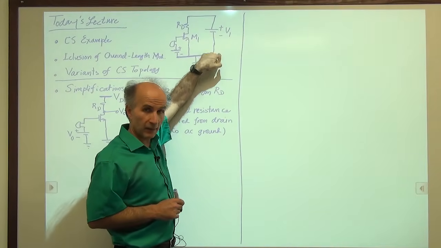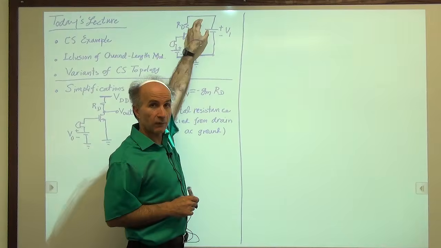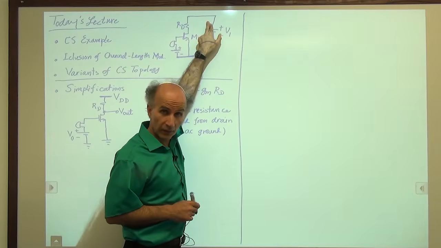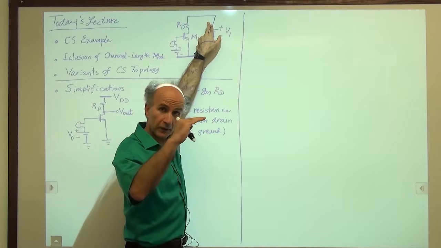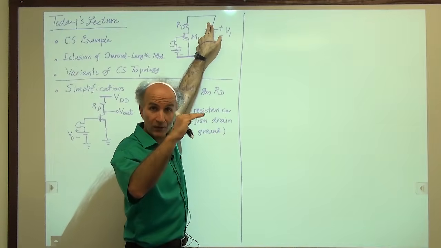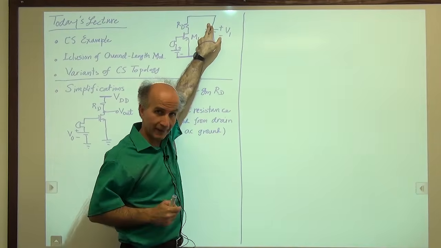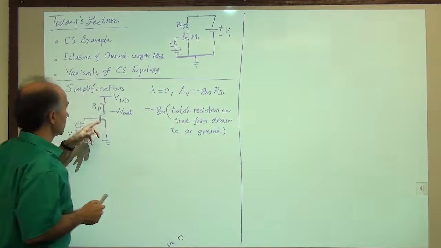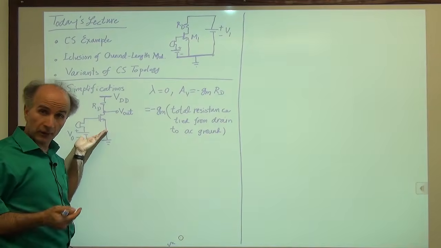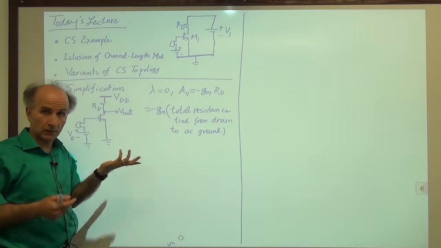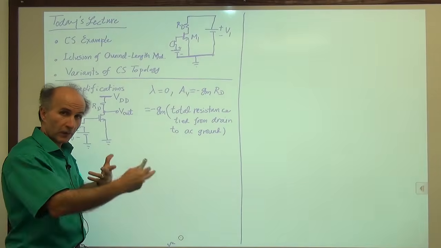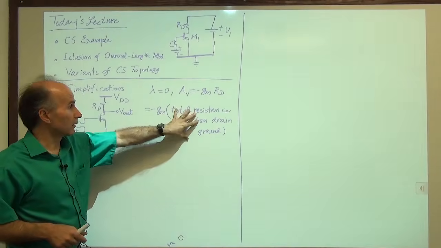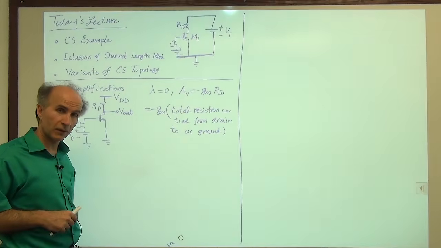That ground is called an AC ground because its voltage does not change with time. It has a DC voltage, some amount, 2 volts, but it doesn't change with time. And what we see here, RD, is all of the resistance. Now in this simple case, there's just one resistor, not a big deal, but as the circuits become more complex, we want to remember this verbalization of the result.